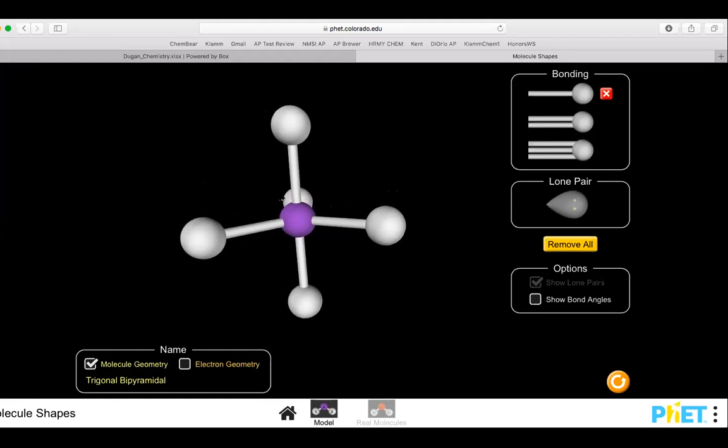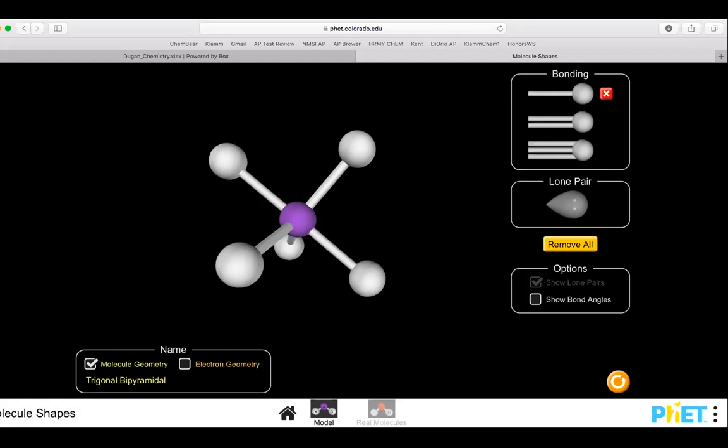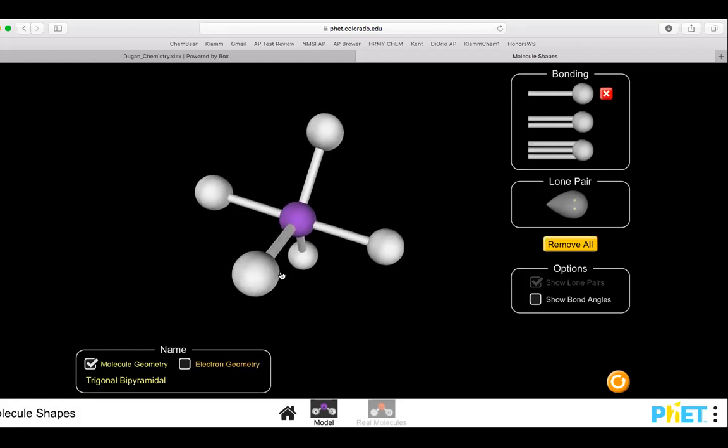I'm sort of giving up on trying to make this perfect. But again, you can see it has one pyramid at the top, and then it would have one pyramid at the bottom. That's why it's called bipyramidal. Looking at it, tell me what you think these bond angles are. 90. And what bond angle do you think from here to here is? 180.